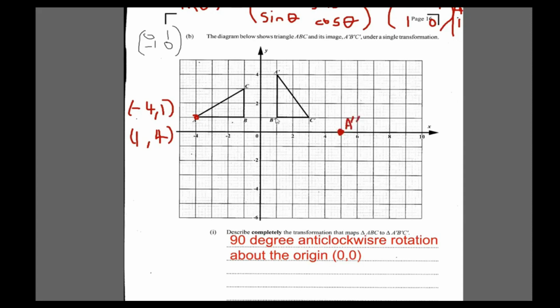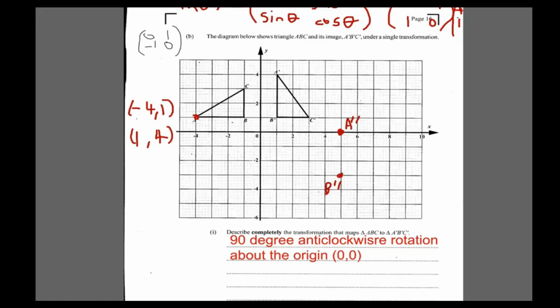B prime is going to go 4 units to the right, 1, 2, 3, 4. Then 5 units down, 1, 2, 3, 4, 5. And so this is B double prime. Then C prime is going to go 4 units to the right, then 5 units down.